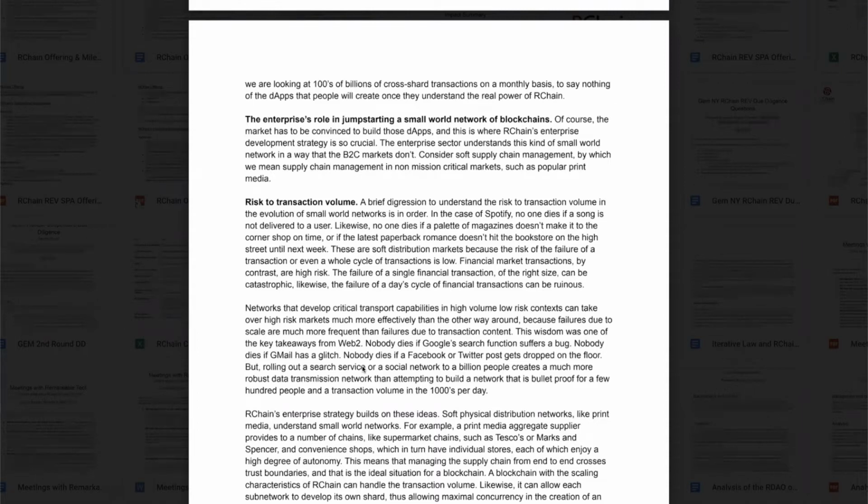But in the case of these soft supply chain management problems, typically the end-to-end solution in these soft supply chain management markets requires crossing trust boundaries. So again, let's look at this simple example of popular print media, right? Typically what you have is a large-scale distributor. In the UK, that would be Smith's News.